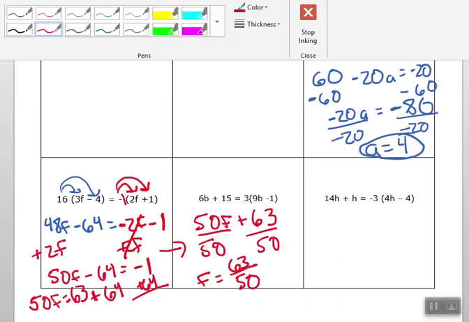And if I do 63 divided by 50, I'm going to get f is equal to 1.26. You could also do f is equal to 1 and 13/50ths, because you can't really simplify 13 over 50. All right, so that's the other three that we're going to practice on this page. Take a few minutes right now on your own to do the rest.